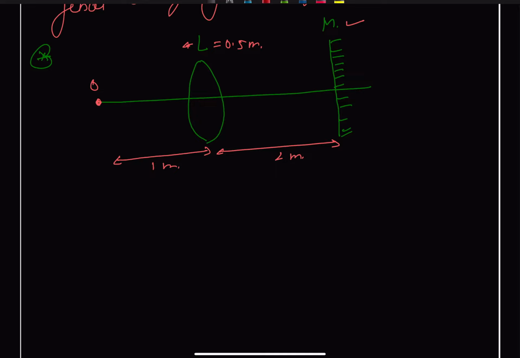So in total there will be 3 images: one image formed by the lens, then the image formed by the mirror, and finally once again the image formed by the lens, and we need to find out the final image. So let us start with our lens.